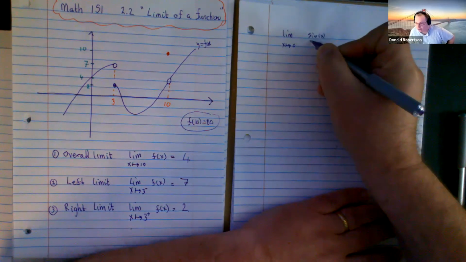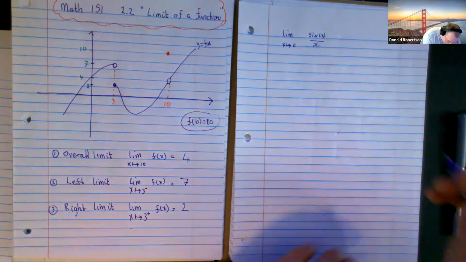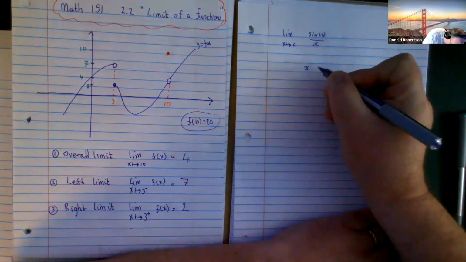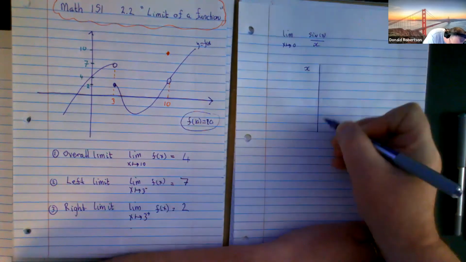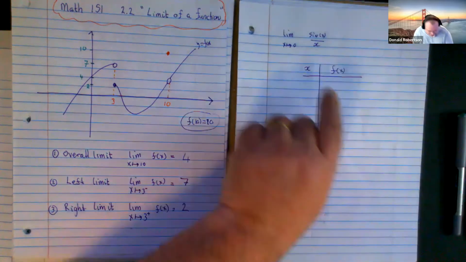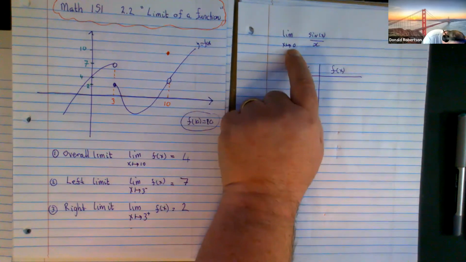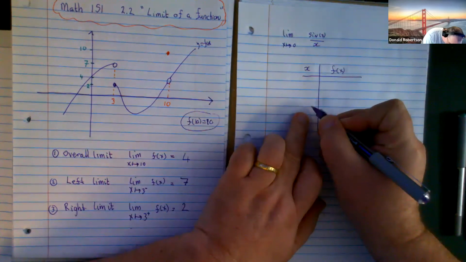And I could just put it into the calculator, couldn't I, and look at it. I could put it into Desmos and look at it, but I want to do it numerically. And so how does that work? Well, you do a table of values. Now, since I'm interested in the overall limit as x tends to 0, I want the numbers to get closer and closer to 0.